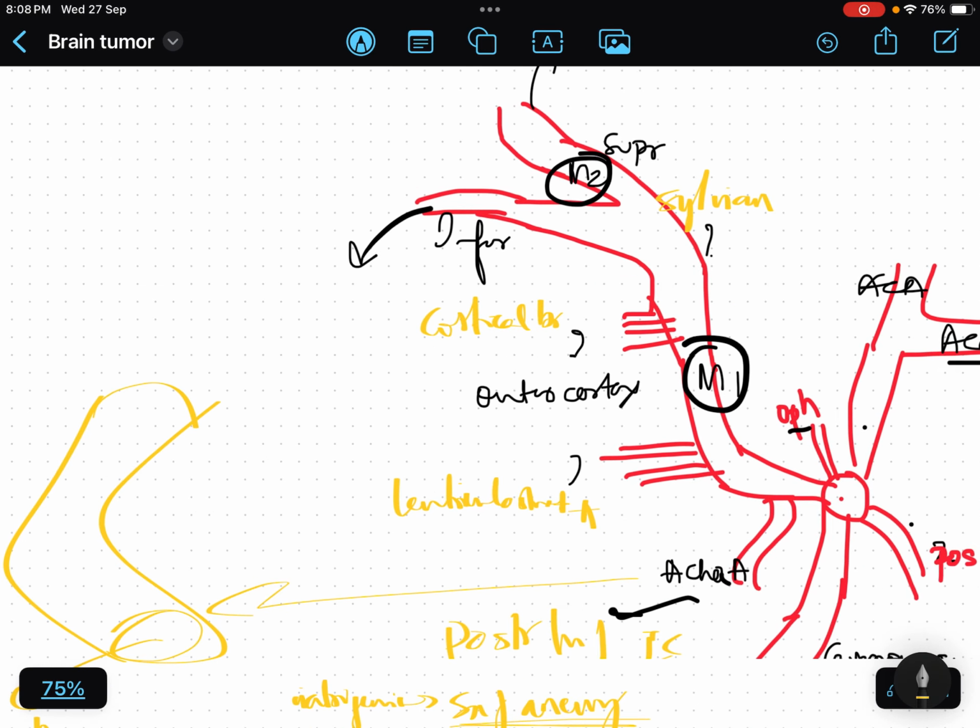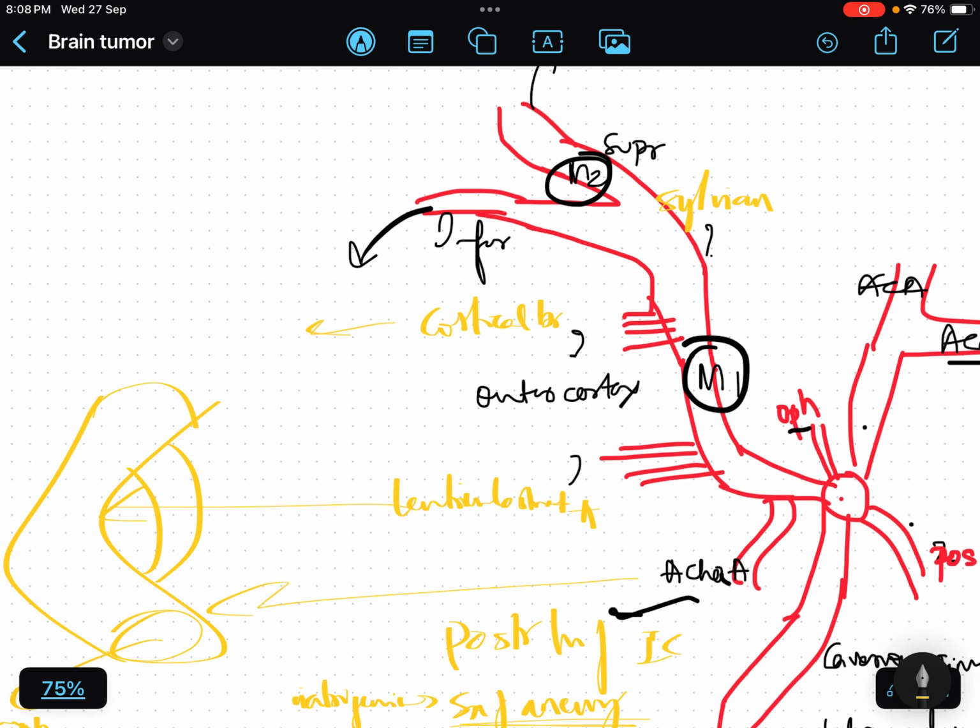Lenticulostriate branches will also supply the internal capsule, then the putamen and caudate nucleus. The cortical branches supply the outer lateral part of the cerebrum, mostly by the MCA.